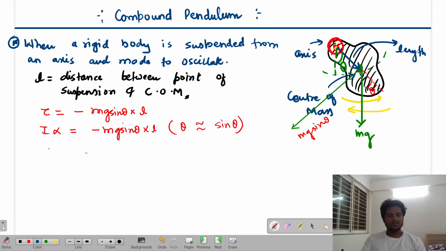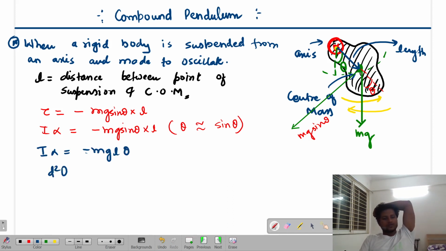So the equation changes to I alpha equals minus mgL into theta. Are you able to get me or not? So alpha is d2 theta by dt square, that is minus of mgL by I into theta.